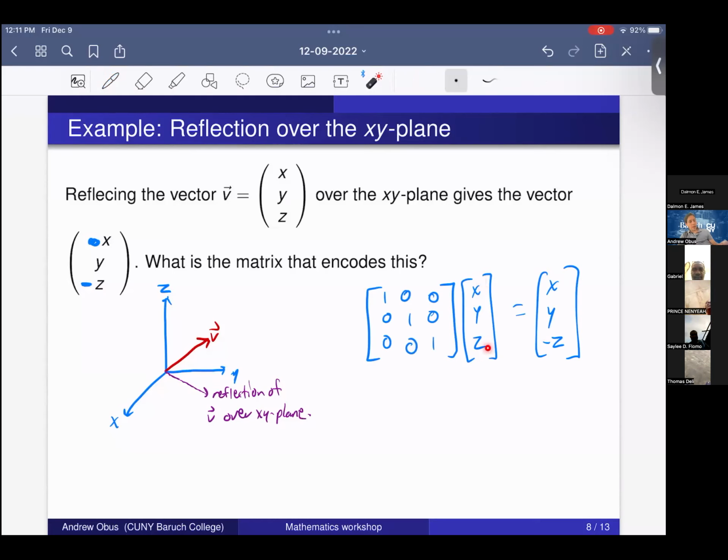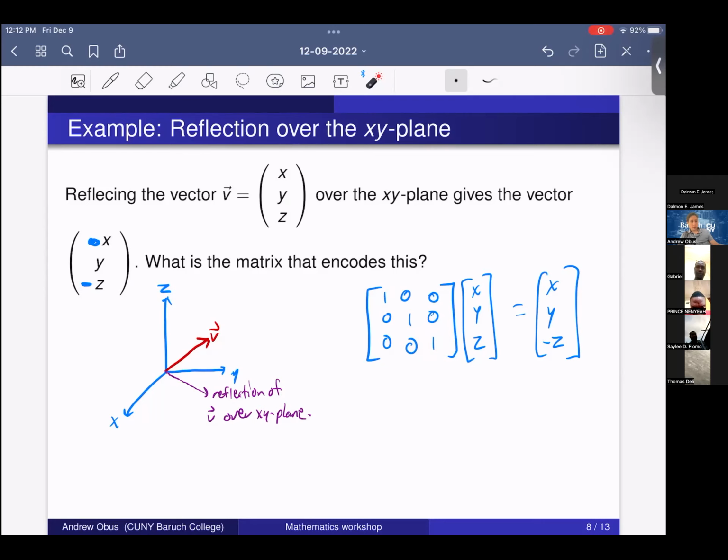So if all that I want to do is change the z coordinate from itself to a negative number, then what do you think I should do with this identity matrix so that it still sends x and y to itself, but it now sends z to minus z? So what should we do with this matrix? How should I change it?